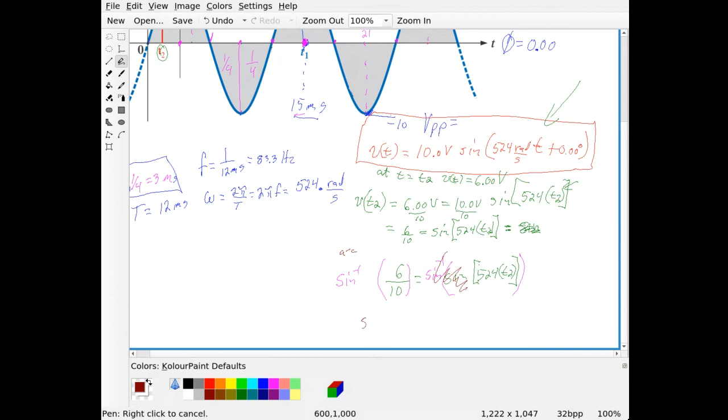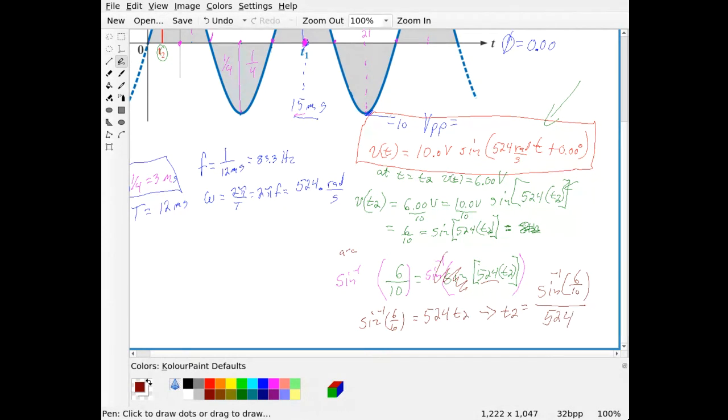So this is going to give me sine inverse of 6 over 10 is equal to 524 T2, which gives me that T2 is equal to this sine inverse of 6 divided by 10, divided by my radian frequency 524.